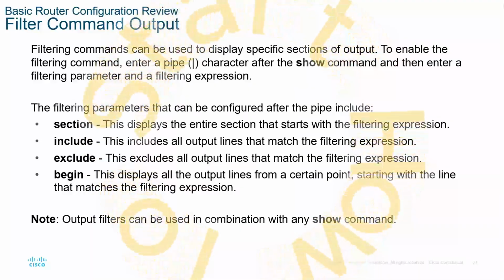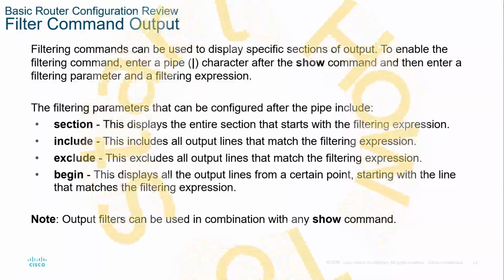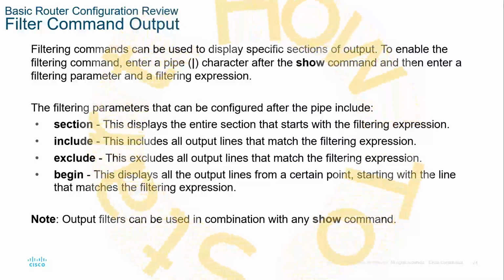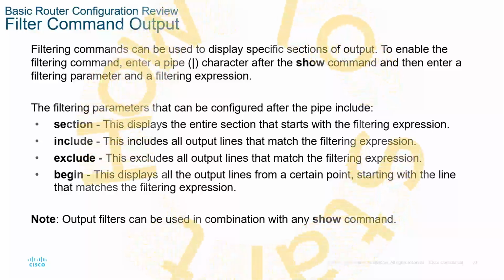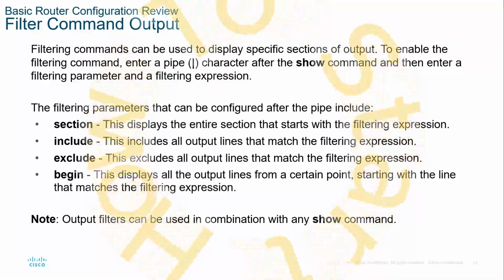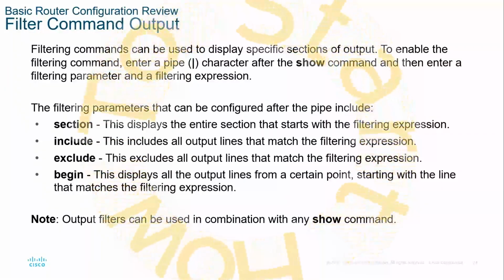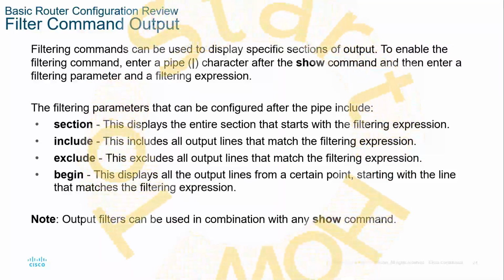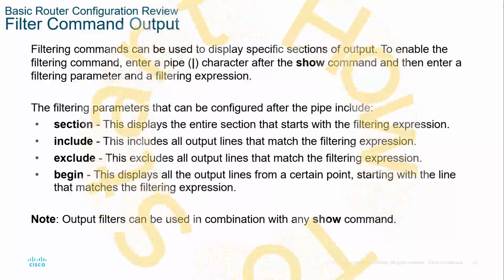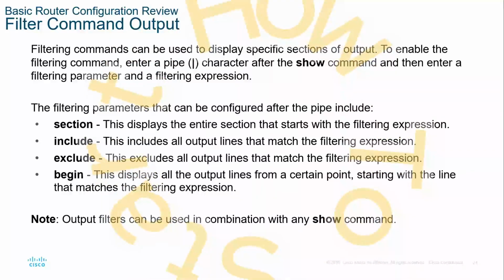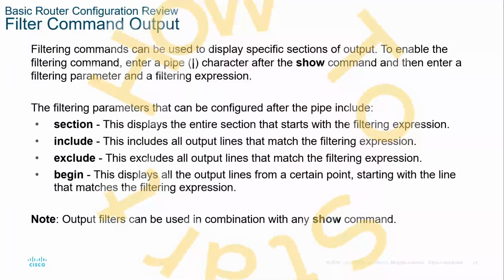You can view output based off of section, or you can include certain things, or exclude certain things. I don't want to see a 1,000 line config. I may only want to look at the route, so I will do show run and a pipe and include, or a section just for the route information.